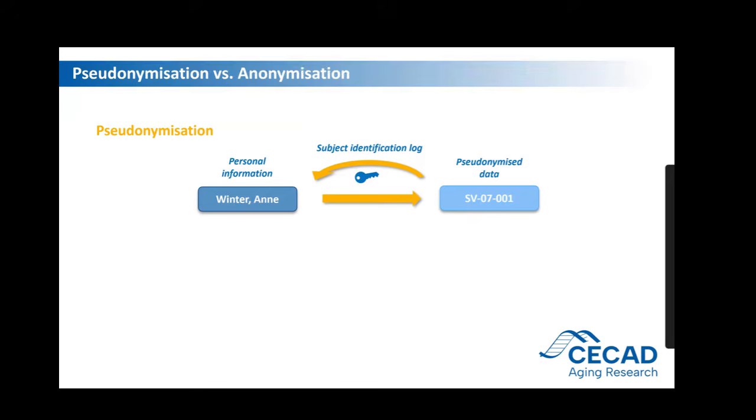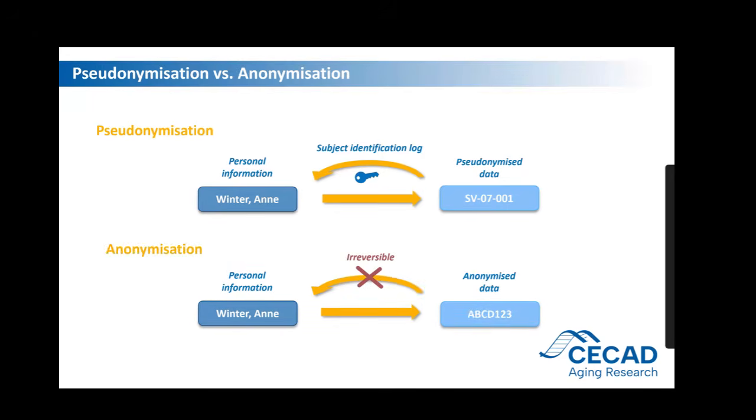Because in the first case, you have the personal information, just as we have just seen, and you attach to this personal information an arbitrary number, like in this case, the subject ID. And with the subject identification log, you have a key to again identify the person that's behind the subject ID.